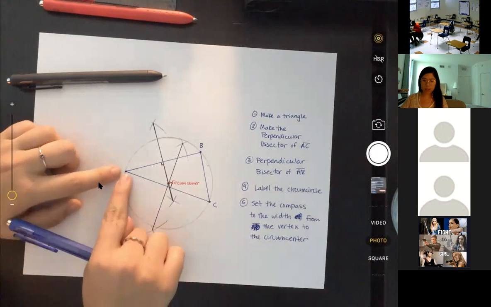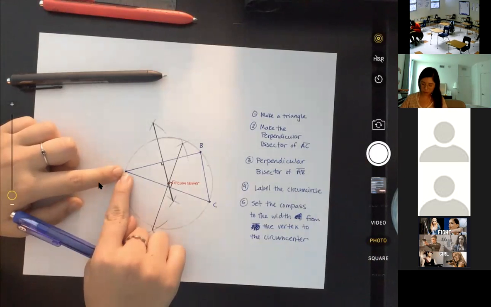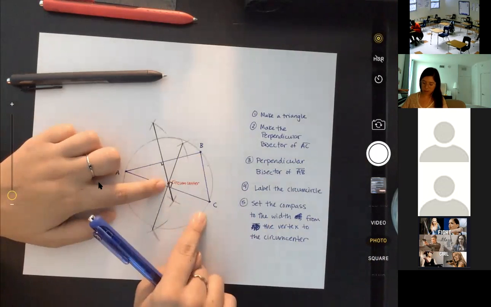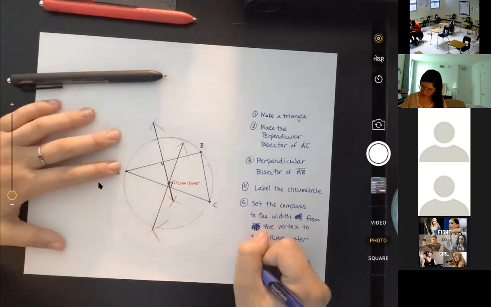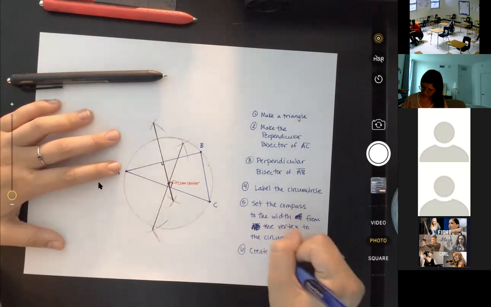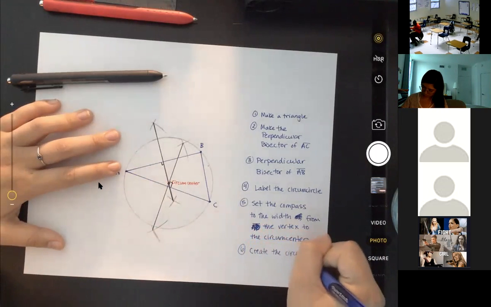I tested it to make sure that the circumcenter was equidistant from A, B, and C. And once I tested just to make sure, then you can create your circle. Yay. Circle boy.